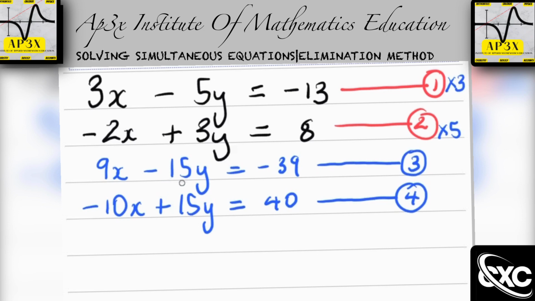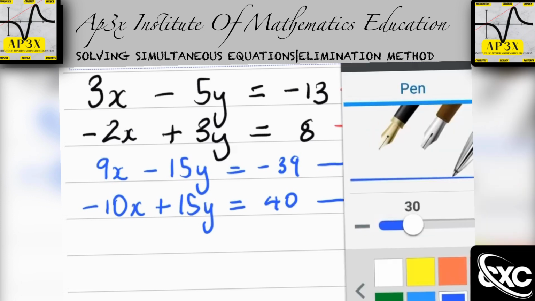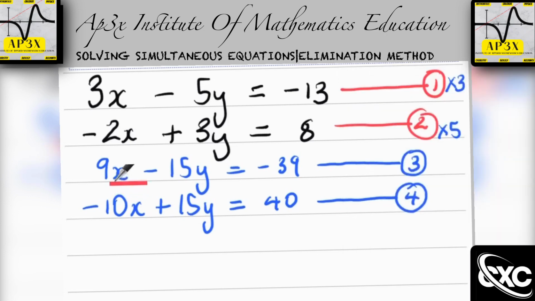So we're going to add this to this here. Okay, so I'm going to use red here. I'm going to add equation 3 to equation 4. So I'm going to add, say here, equation 3 plus equation 4. And that implies that 9 plus negative 10 is going to give me negative x.